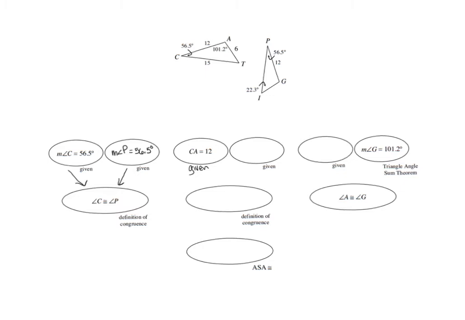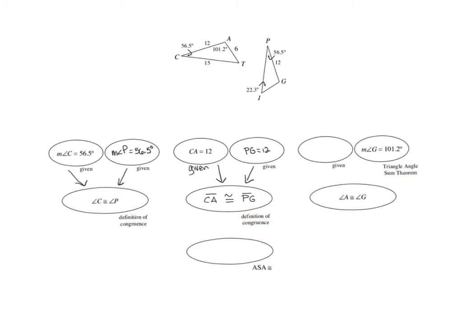So when I look at my other triangle, I see here that PG also has a length of 12. So I'm going to add that to my given bubble here. Since those two sides have the same length, I can say that line CA is congruent to line PG. Once again, that's our definition of congruence.